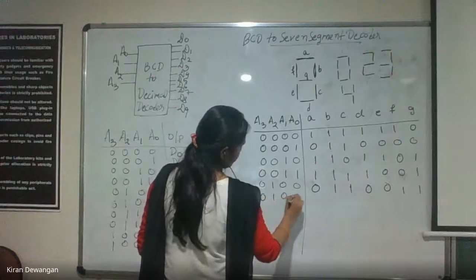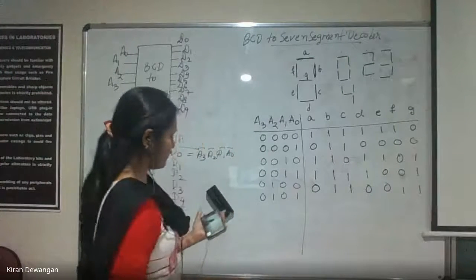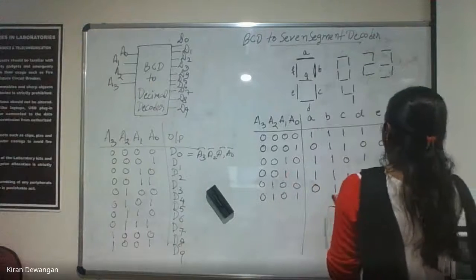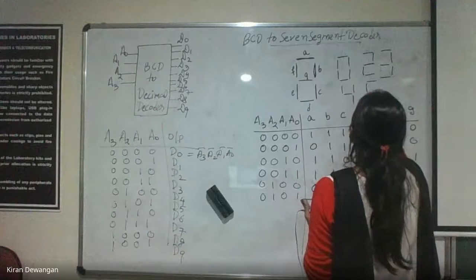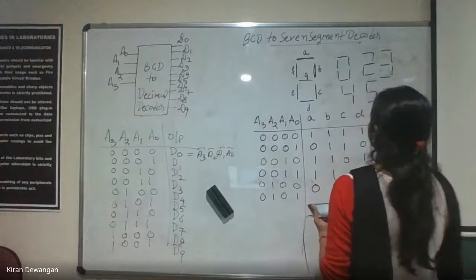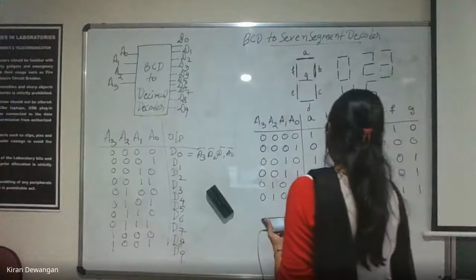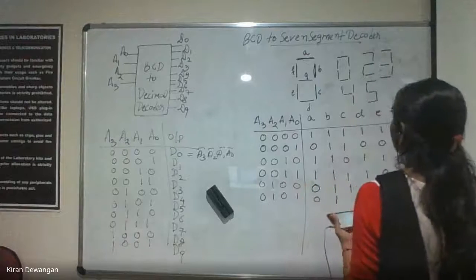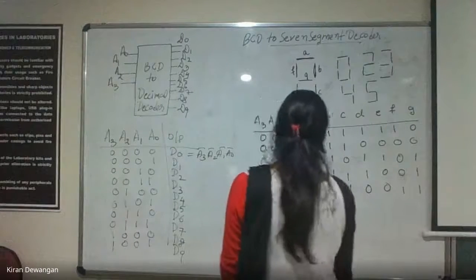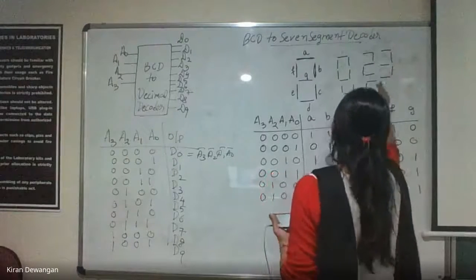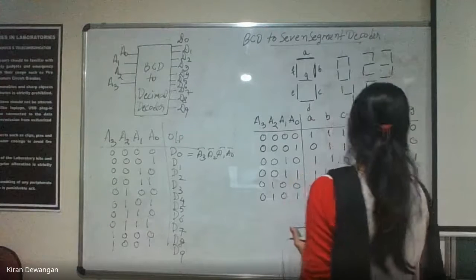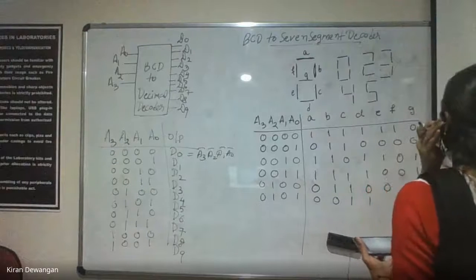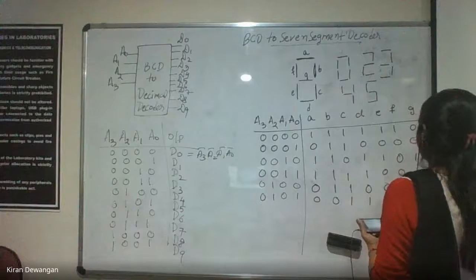0 1 0 1. For 5, F, B, G, C. This one, correct. A is high, B is low. B is 0. C is high, D is high, E is low.